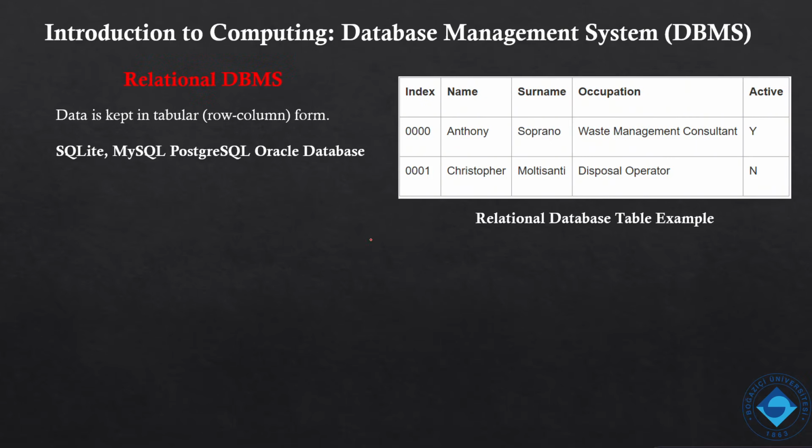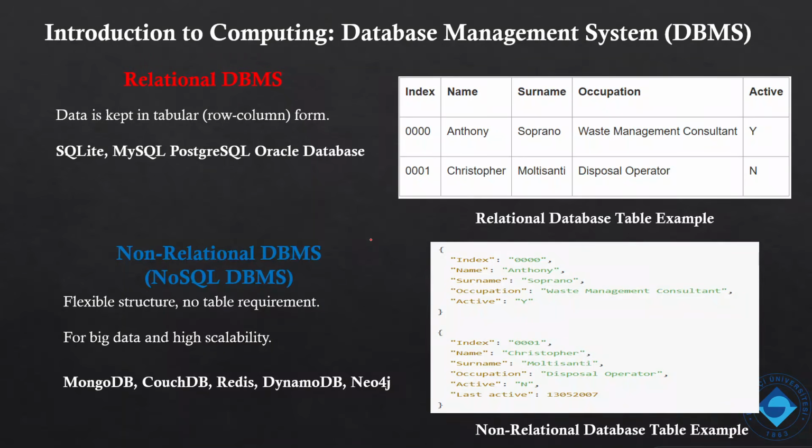And there are two different types of database management system. The first one is the relational database management system, and the other is the non-relational database, or NoSQL database. They present the same information, like index numbers, Anthony, Soprano, occupation, and active or not.